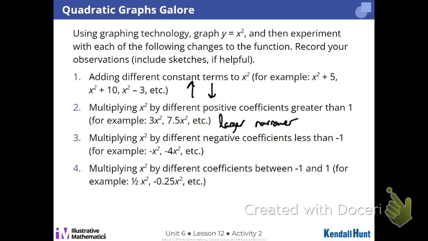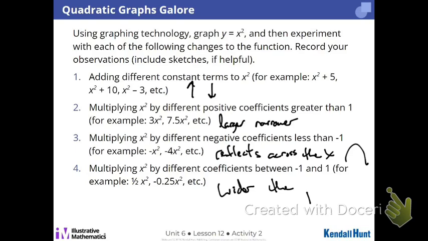We saw that the negative reflects across the x, that mirror image, it opens down. And then we saw that the smaller the absolute value, the wider the parabola. Those are all of our big ideas.